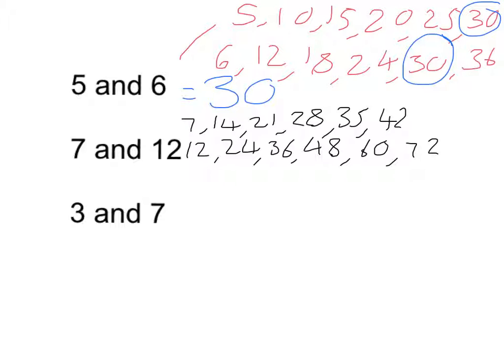So far they haven't got any numbers in common, so I'm going to need to keep going. 42, 49, 56, 63, 70. Still nothing in common, so I'm going to carry on my 7s down here where I've got a bit more room.